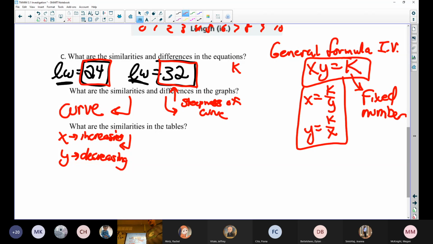You're never going to get them where they're both increasing. And then they didn't bother to ask you differences in the tables because that's pretty obvious, right? We had different numbers. That's about the main difference. Okay? So this was inverse variation, your introduction to it.